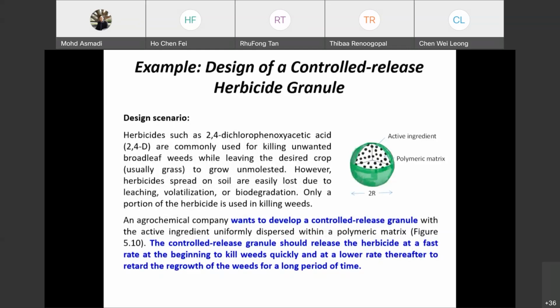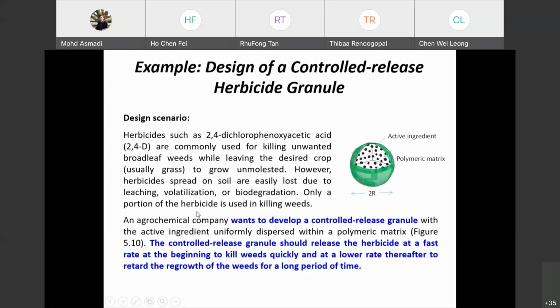Herbicides such as 2,4-D, 2,4-dichlorophenoxyacetic acid, are commonly used for killing unwanted broadleaf weeds while leaving the desired crops to grow unmolested. However, herbicides spread on the soil are easily lost due to leaching, volatilization, or biodegradation.